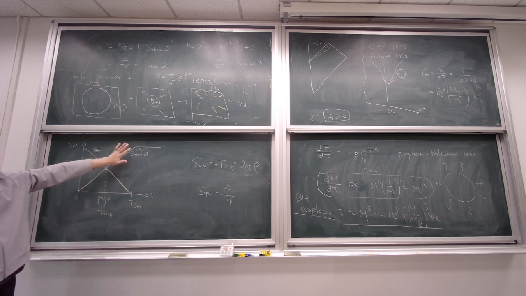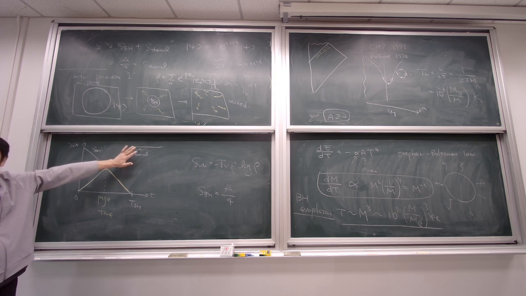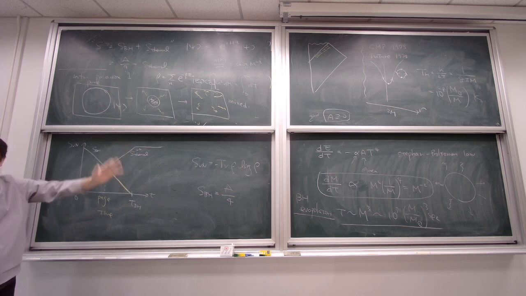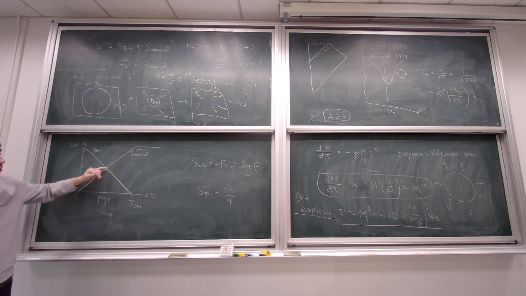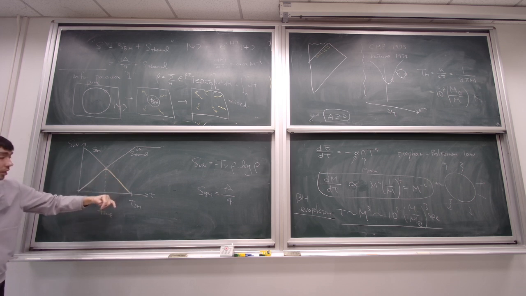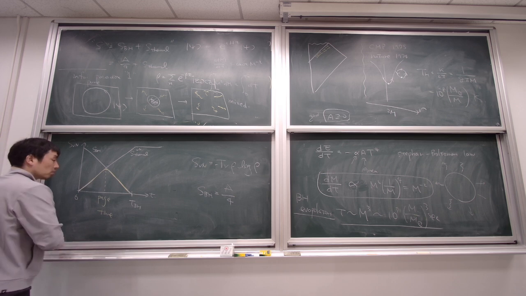So this semi-classical calculation Hawking did breaks down, and a strong quantum gravity effect will make the black hole entropy decrease. So this is called the Page curve.